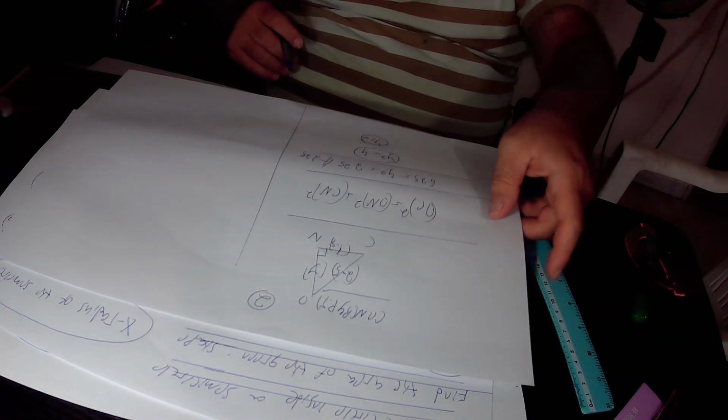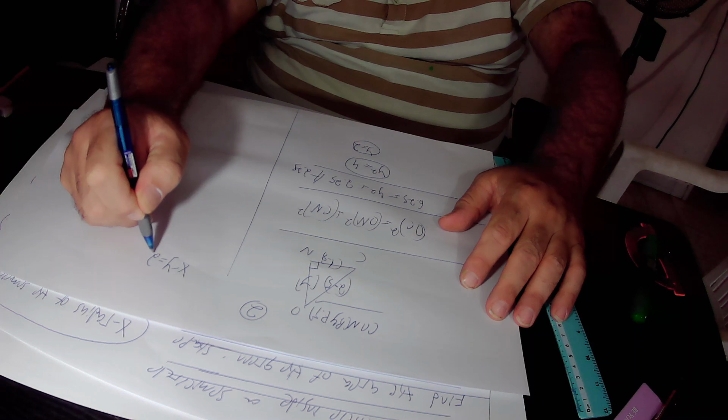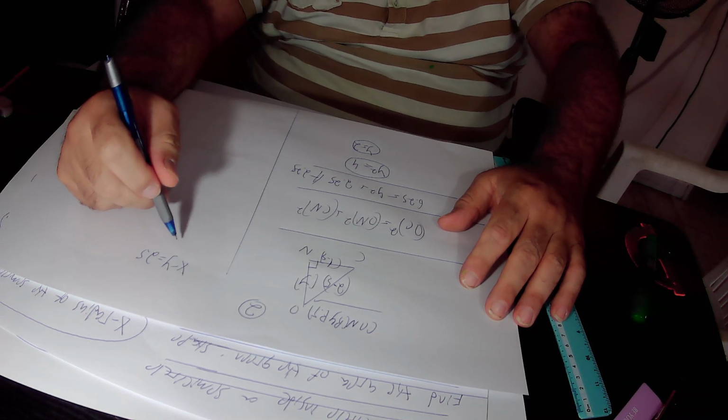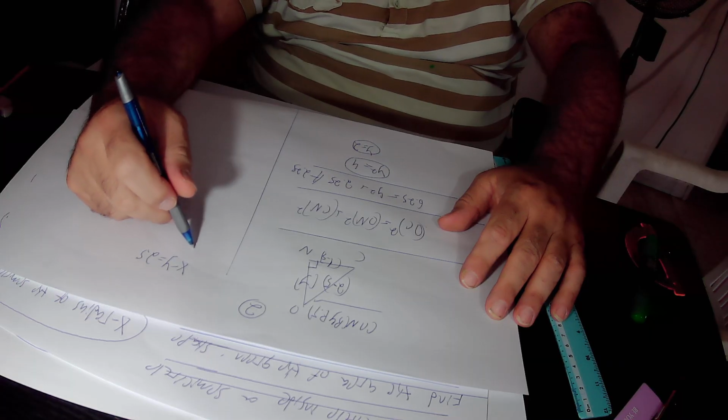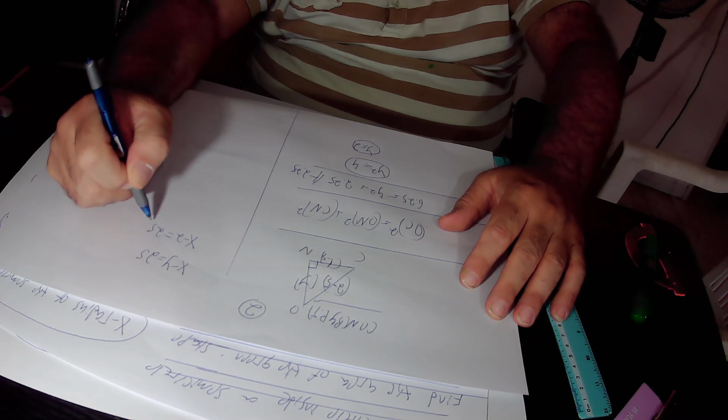We have already found out that x minus y equals 2.5. We just found out that y equals 2. So x minus y is x minus 2, that equals 2.5.